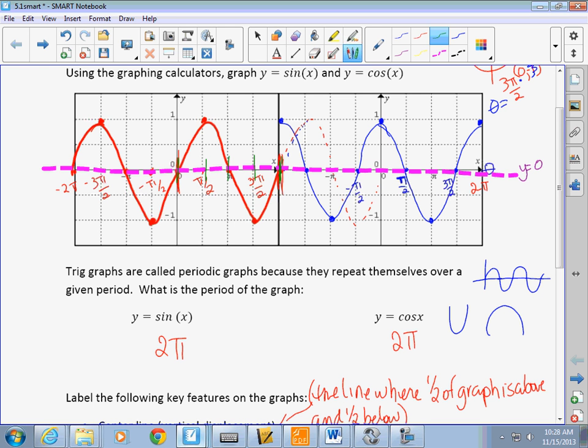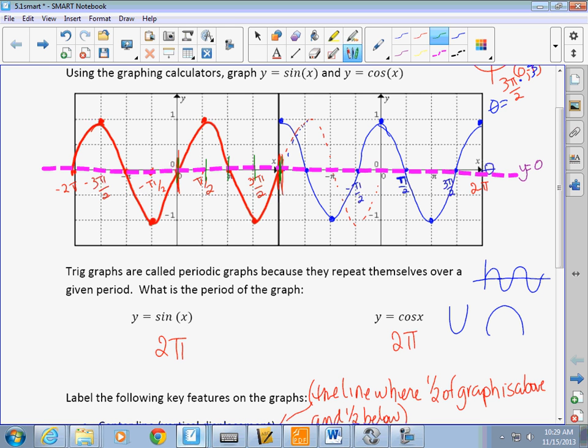Those are your, I'm trying to think of the word that we use for them, and it's just lost on me right now. They're kind of our key points, okay? At 0 here, it was kind of our start. If we started at 0, then that was where our starting point of the graph was. 1/4 of the way at pi over 2, we hit a maximum value.